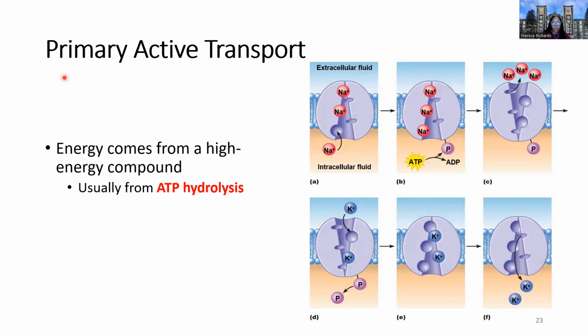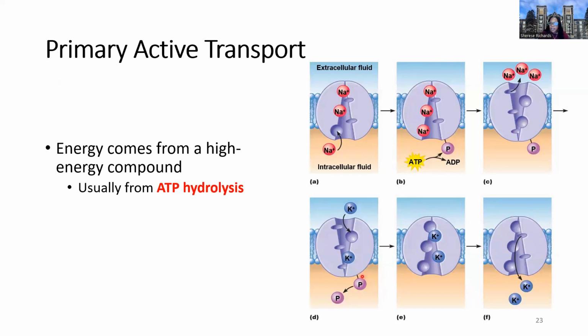Primary active transport usually gets the energy from ATP hydrolysis. So going back to the sodium-potassium pump as an example, we bind 3 sodiums on one leaflet of the pump. Those 3 sodiums can move into the membrane by way of hydrolyzing ATP and releasing that energy.